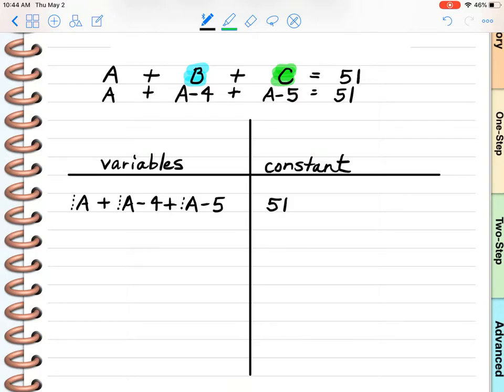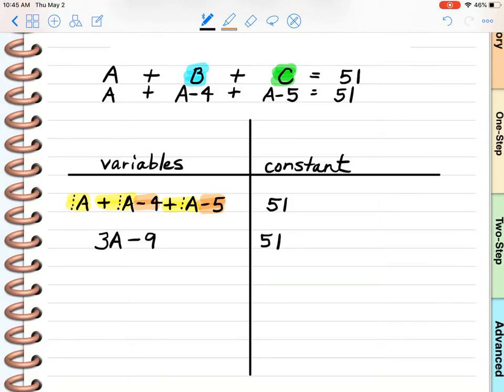So how many A's do we have here? I see 1A, 1A, and 1A. That's 3 A's. And let me just color code this so you can see. There's 1A plus 1A plus 1A. 3 A's. And then I have a -4 and a -5 that need to be combined. So you can say -4 subtract 5 to get -9.